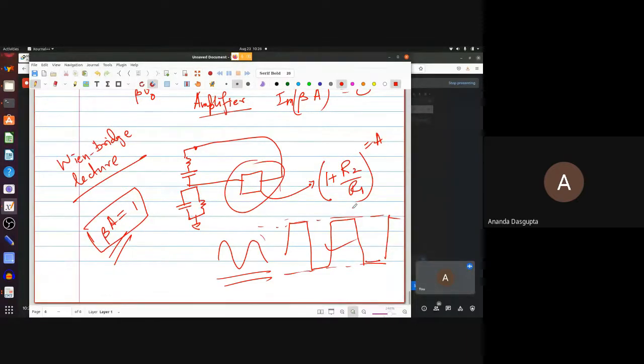You want A to be large when the amplitude is small, and you want the gain to be small when the amplitude is large. The formula is given, 1 plus R2 by R1, resistance ratio. So of course, if you want that, you want the resistance to depend on the amplitude somehow. Can anybody think of a simple way of doing that?